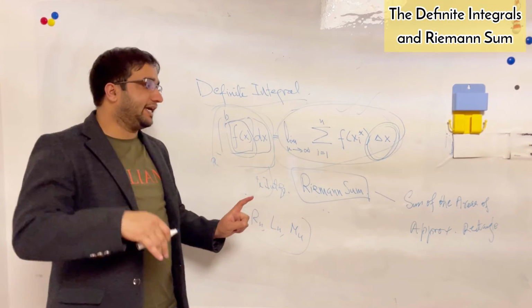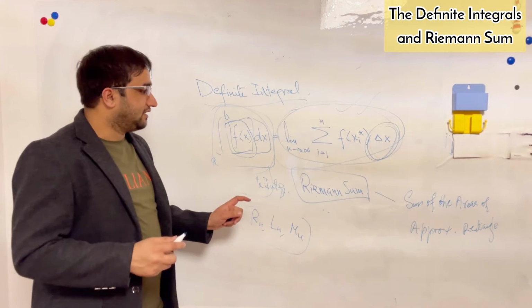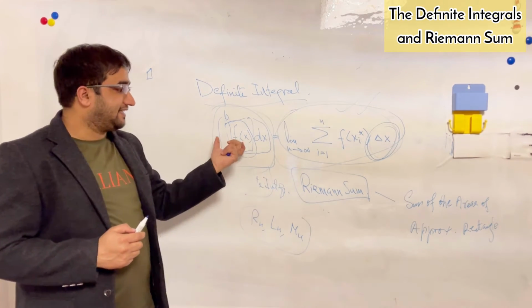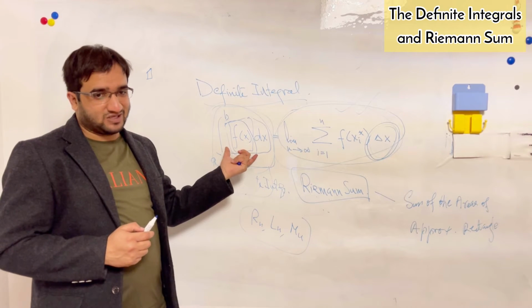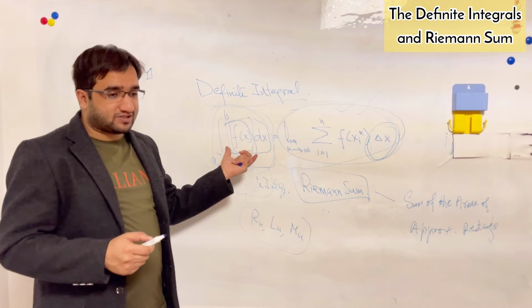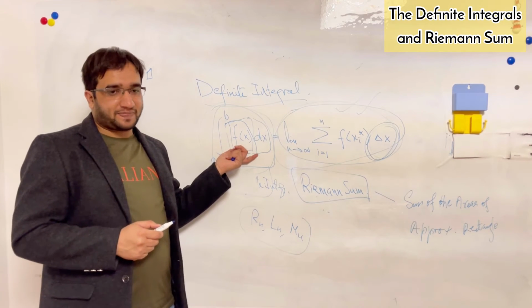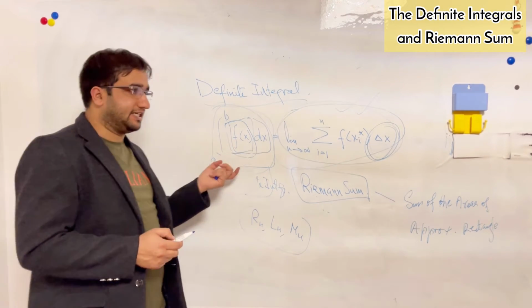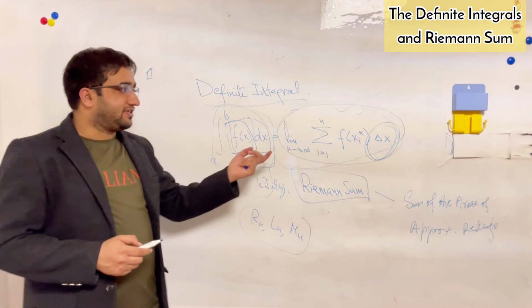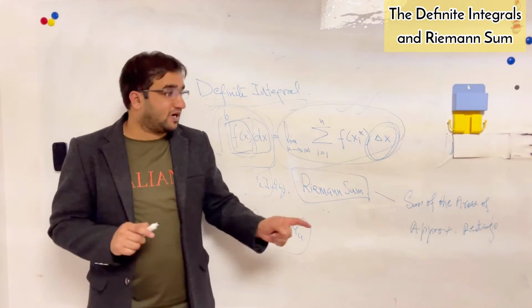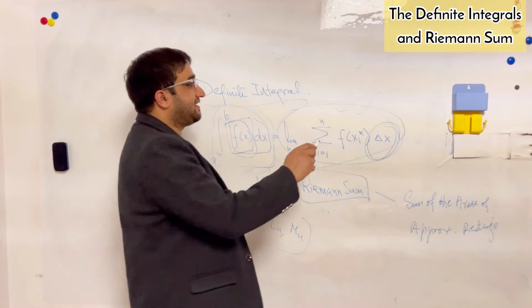Up till now, and maybe for the next 1, 2, 3 lectures, you are not allowed to use the direct integral formula. So consider that you don't know the direct calculation of the integral. Maybe some of you know already, just like when we were using the definition of the derivative, we were assuming that we don't know how to calculate the derivative directly.